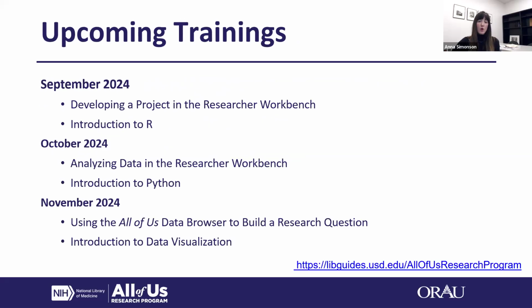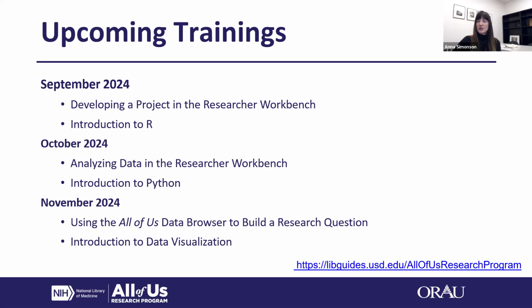More information about these upcoming trainings will be coming out this summer, but we're planning to offer 2 trainings a month starting in September. One will be specific to the All of Us data and the Researcher Workbench, and another one will be specific to the tools that you use in the workbench.